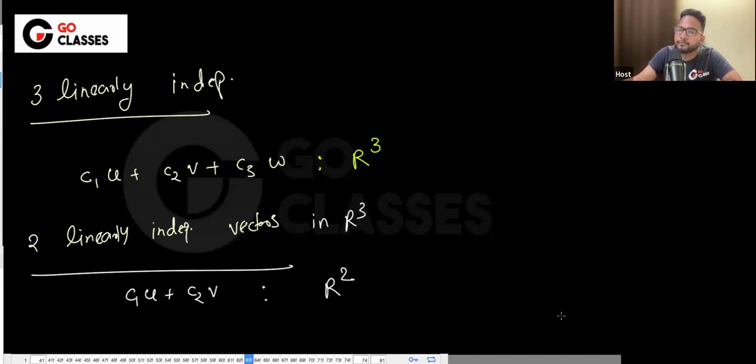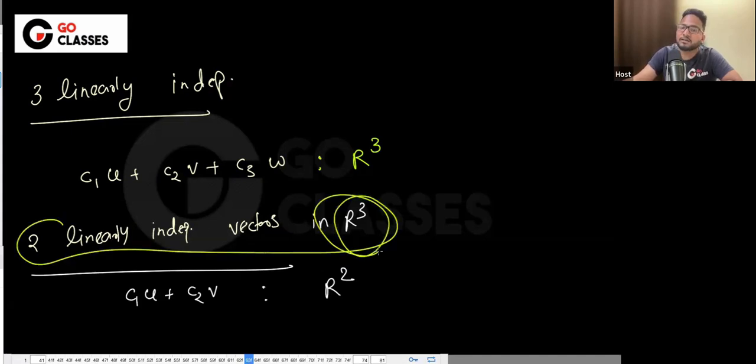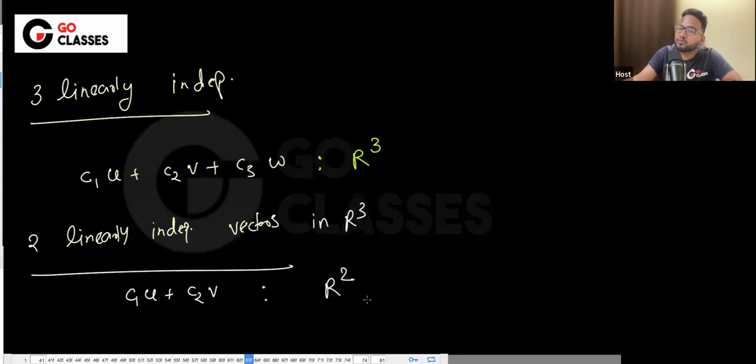No, the dimension of R2 doesn't match. So R2 is not the answer here. R2 cannot be the subspace. If you take two linearly independent vectors in R3, how can it produce R2? The dimension itself is not matching. Understood? So obviously, no.